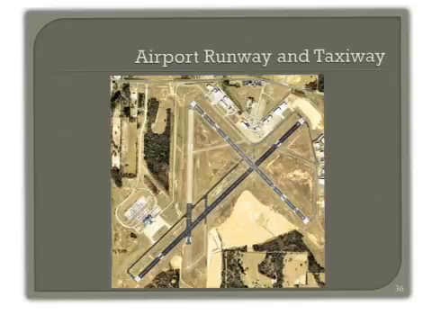This is now the airport runway and taxiway. As you can see, we have two major runways, one that goes in this direction and the other one going that direction. These are the runways, and the taxiways, as you can see, 1, 2, 3, 4. Those are the little ones here that are going to be treated as a taxiway.